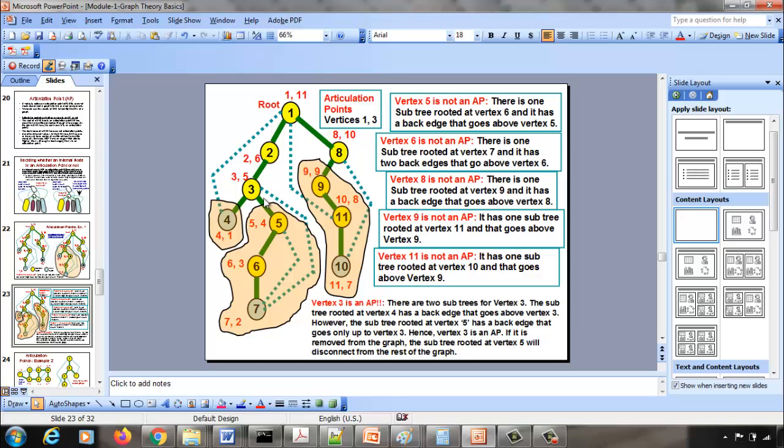You can apply this rule for the other internal nodes also, like 5. 5 has one subtree, 6 and 7, but there is one back edge, 7 3, that goes above 5. Because of that, 5 is not an articulation point. Apply this rule for the other internal nodes, and you will see none of them are articulation points. So only 1 and 3 are articulation points for this graph.